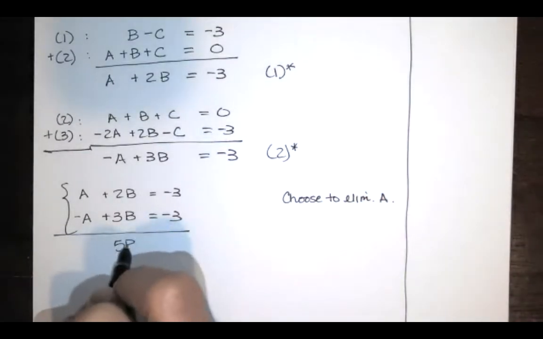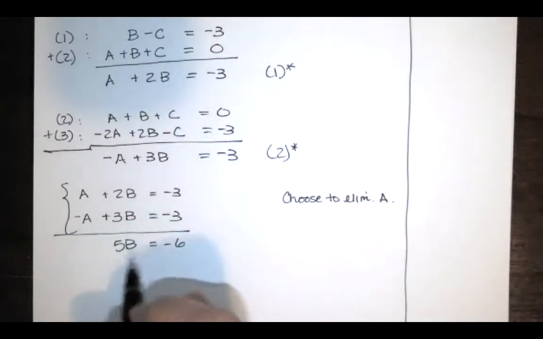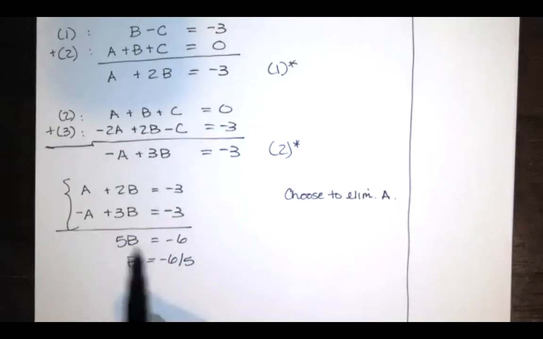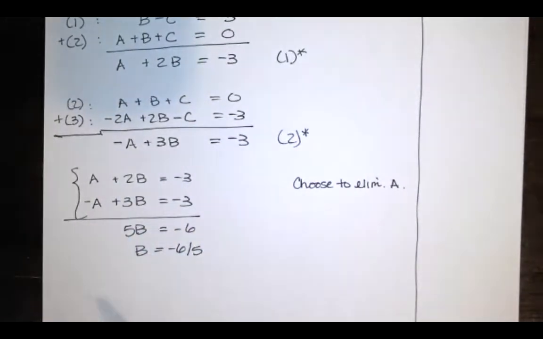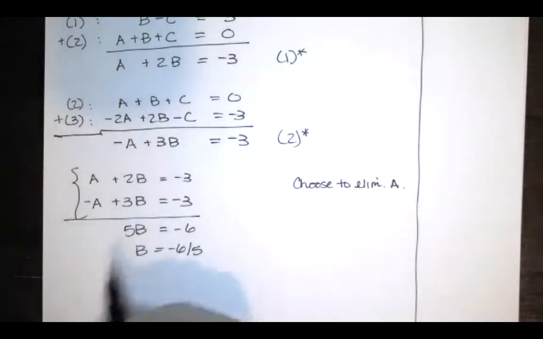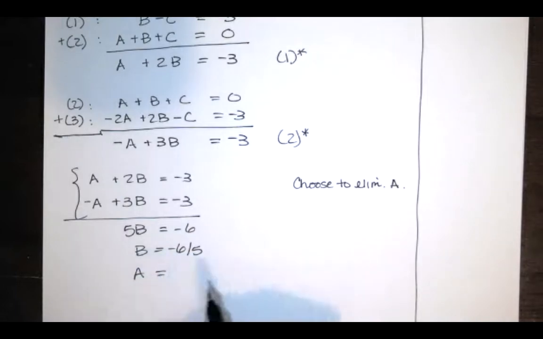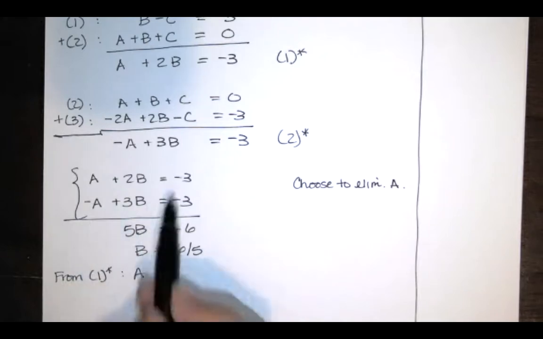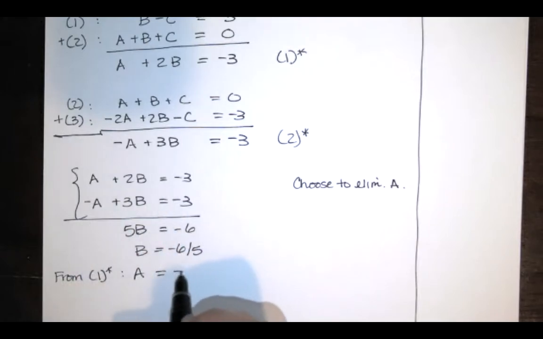We'll have 5b equals negative 6. So b equals negative 6 divided by 5. And once you know b, you can use b to find a. According to this, a is equal to, that's from equation 1 star. If we solve for a, we have a equals negative 3 minus 2b.